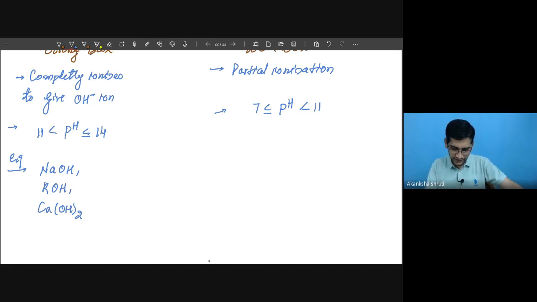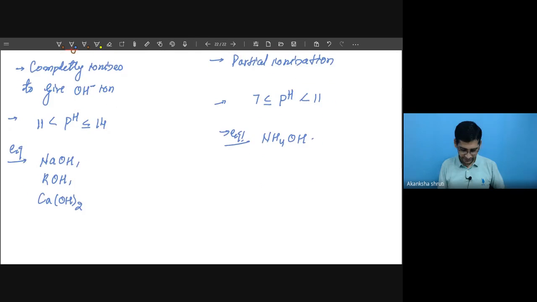If we consider the weaker one, the best example is ammonium hydroxide. It is called the weaker base. So the alkalis are falling in this category.